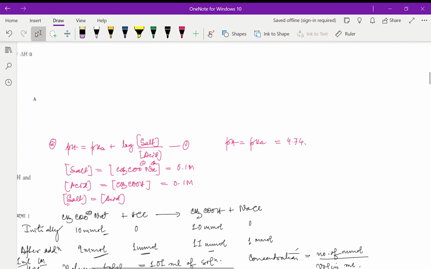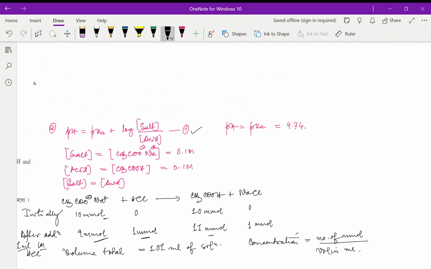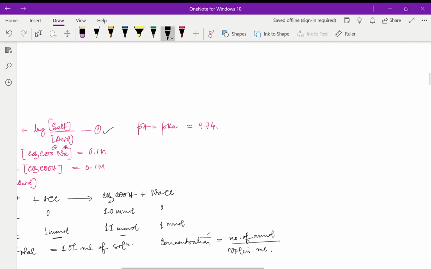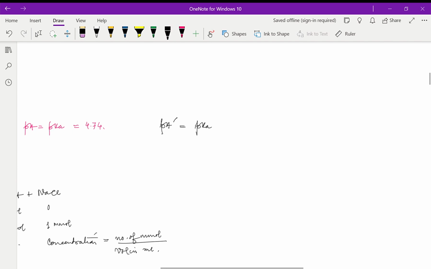Okay, so using that and putting the same things in equation 1, the pH, say, now this is the new one, pH prime, is going to be pKa plus log of the salt concentration divided by that of the acid, and that is going to be, say, equal to pH, because we know that from here.